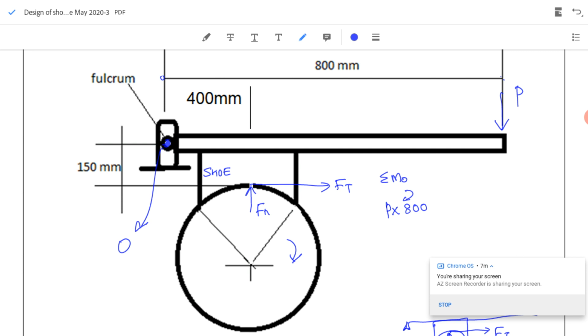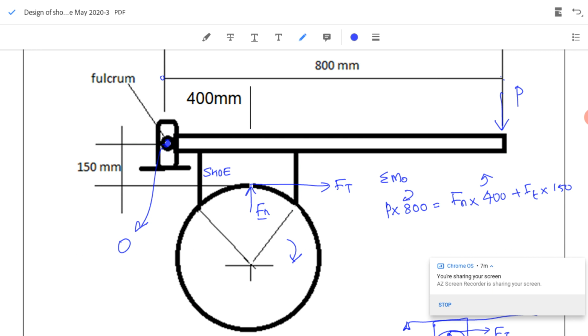Then if I look at this figure, there are no other clockwise forces, so it is equal to the sum of all anti-clockwise forces. First we consider Fn. Fn multiplied by 400, it is anti-clockwise. Similarly Ft is also anti-clockwise, plus Ft into 150.